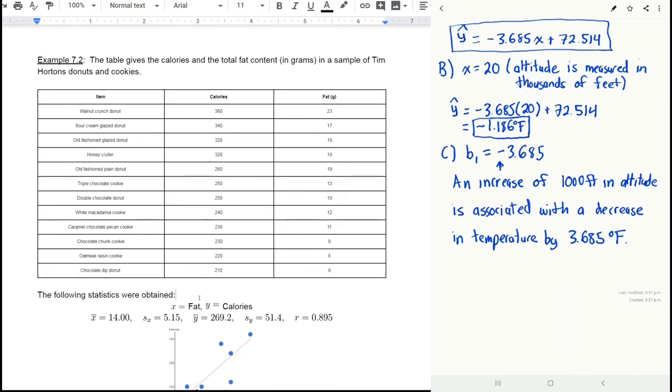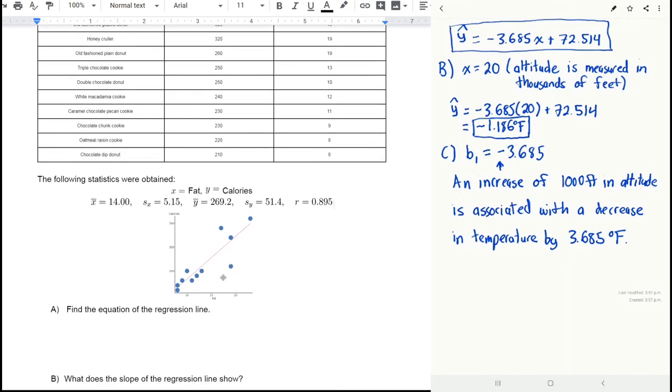So x is going to be the amount of fat content, and y is going to be the calories. So here we have the mean and the standard deviations of both of these variables, as well as the correlation coefficient. So here's a scatter plot of the data, as well as the line of best fit. So let's first find the equation of this line.